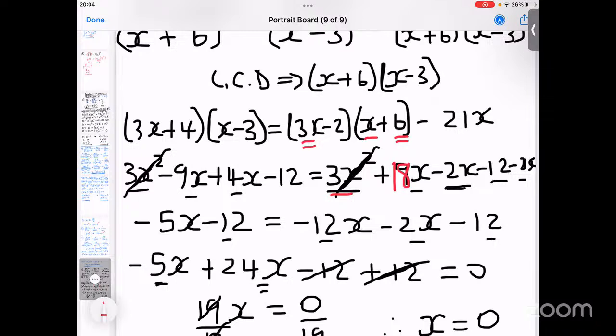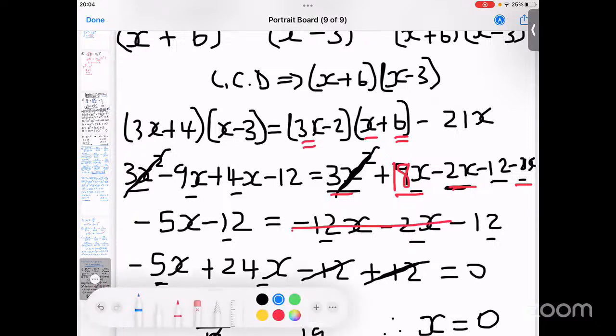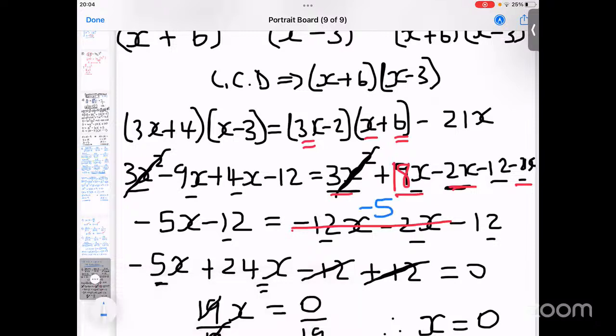So now, let's see. 18, you work it out with that, and you work it out with that. So we have that 18, we must minus 2, and then we must minus 21. It gives us -5. So in terms of x, we end up having a -5 on the right-hand side, so we have -5x minus 12.